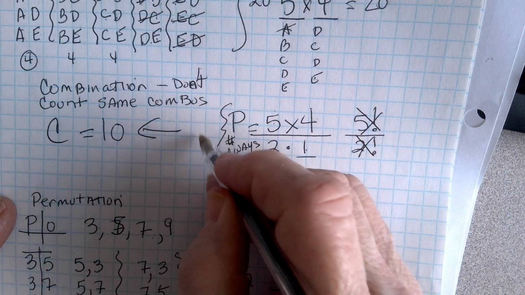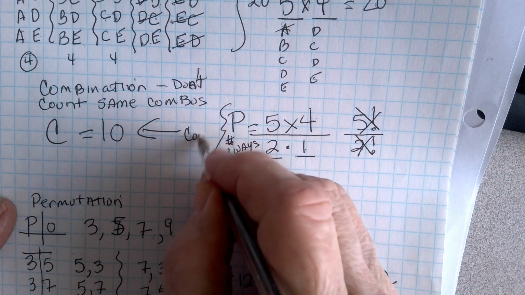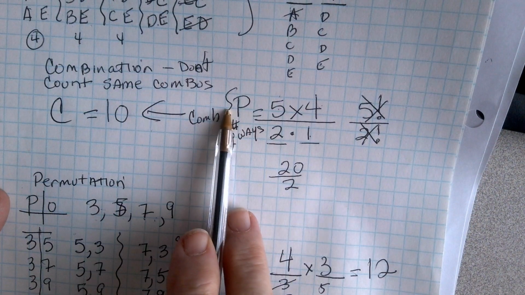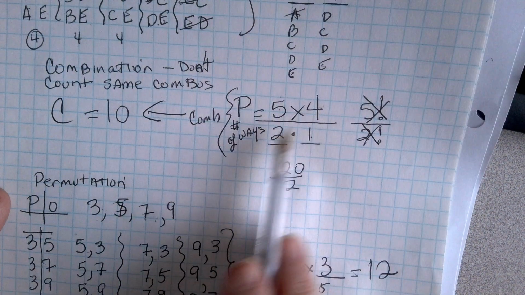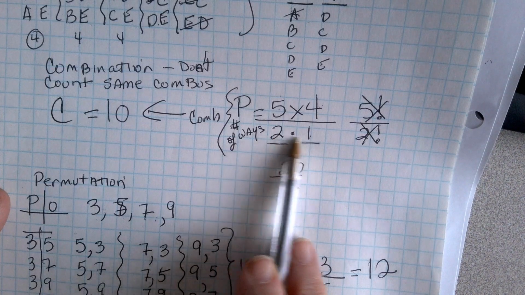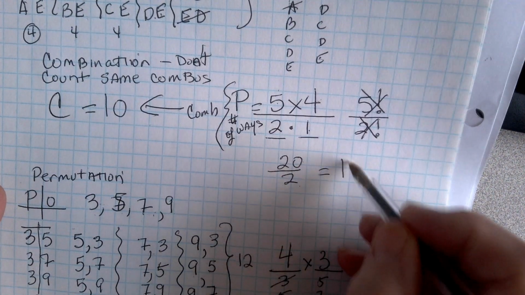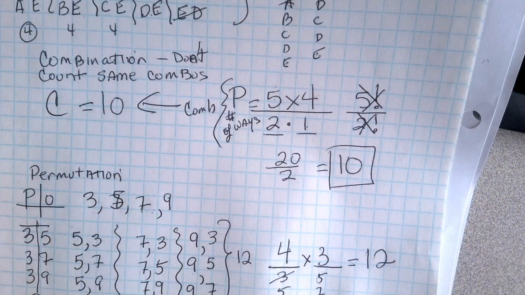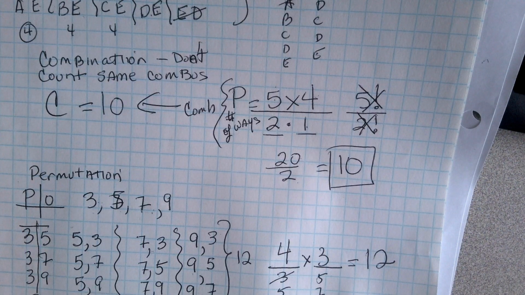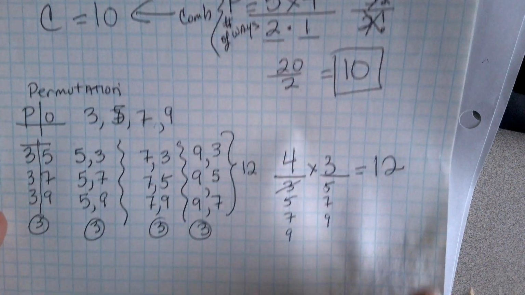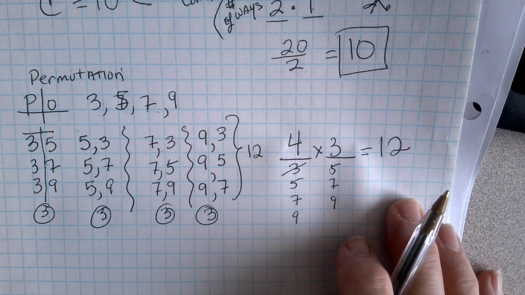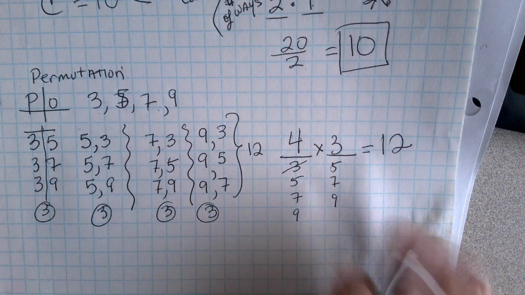So this is how I get my combination. Take my permutation divided by the number of ways descending on the multiplication. So 20 divided by 2 gives me that 10. So 2 distinct things. So again, where the order mattered here, okay, the order matters here.